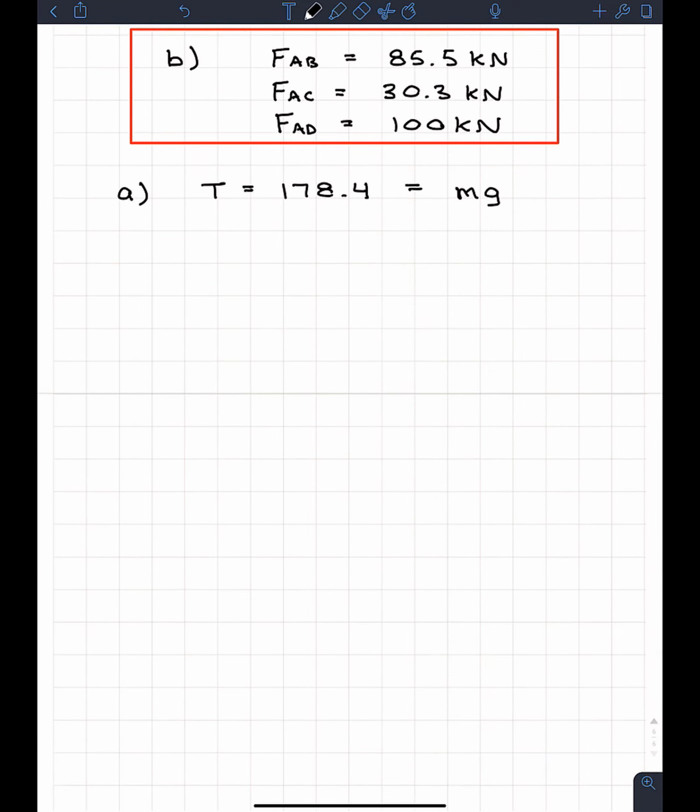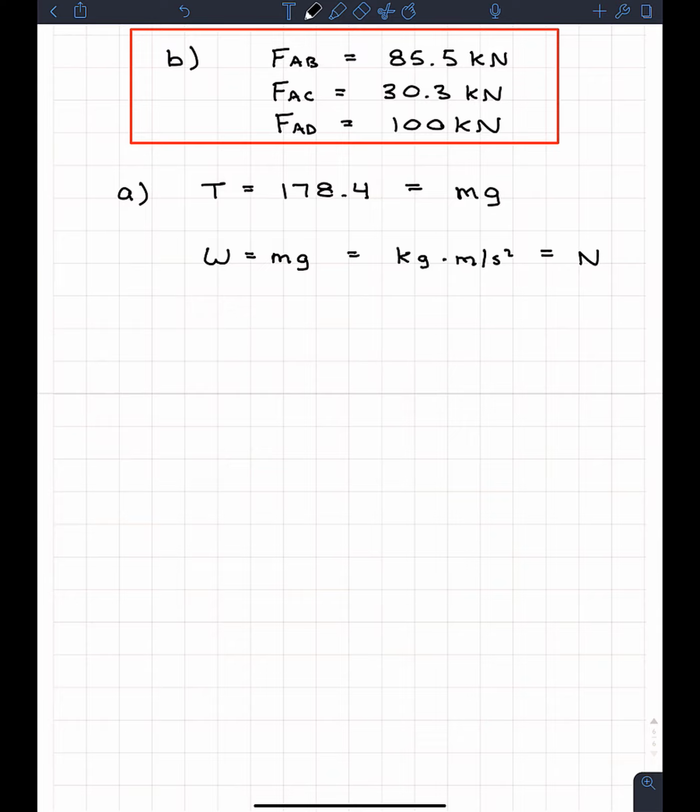Now, this is what's going to get a lot of students. We know that weight is equal to mass times gravity. The only problem is when you take this side right here, we're getting kilograms times meters per second squared. Because remember, kilograms is what we want, and if we're using gravity as 9.81, it's going to be meters per second squared. We know that that unit is going to be newtons.